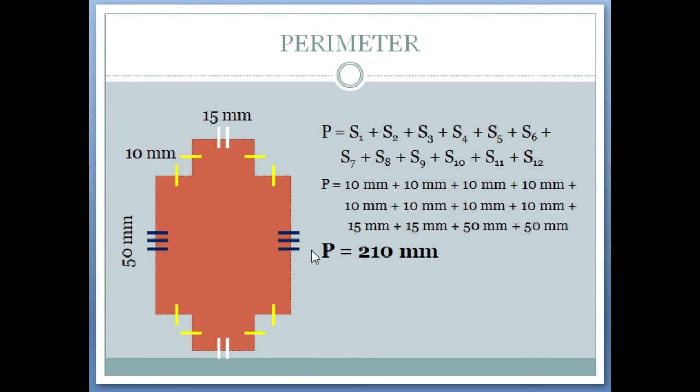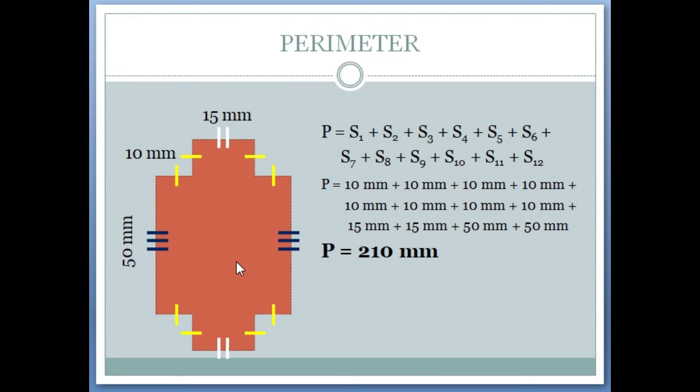So, identify muna natin kung anong klase ng polygon itong figure na to. For us to identify what kind of polygon this is, you just have to count the number of sides it has. So, you have 1, 2, 3, 4, 5, 6, 7, 8, 9, 10, 11, and 12. A polygon having 12 sides is called a dodecagon.